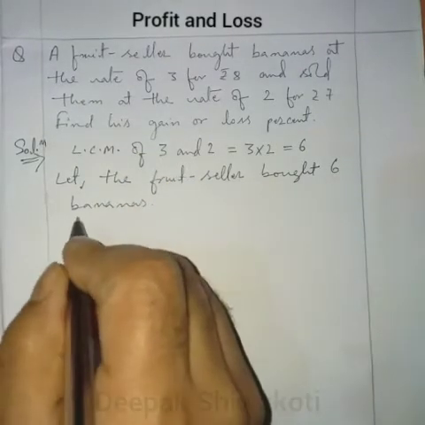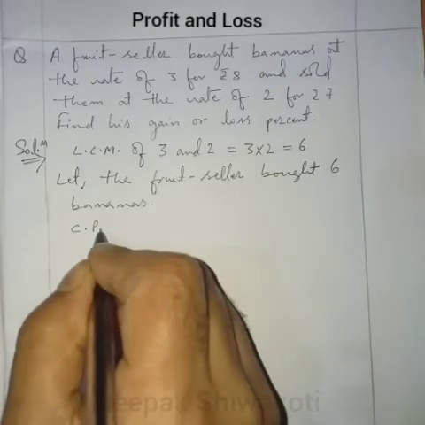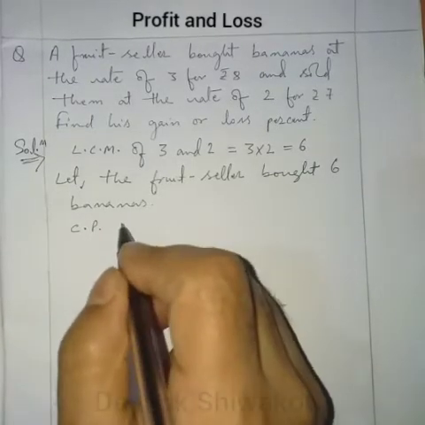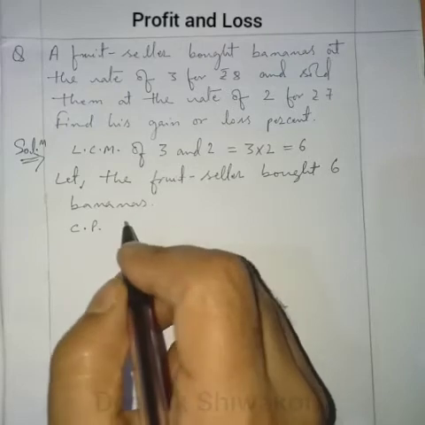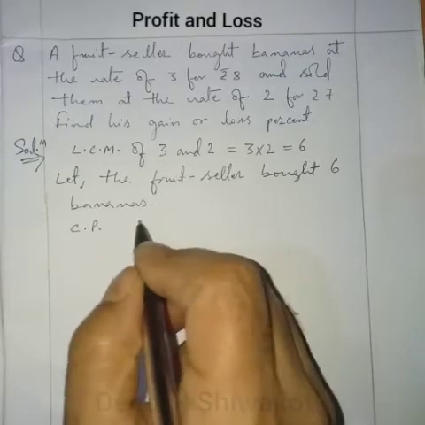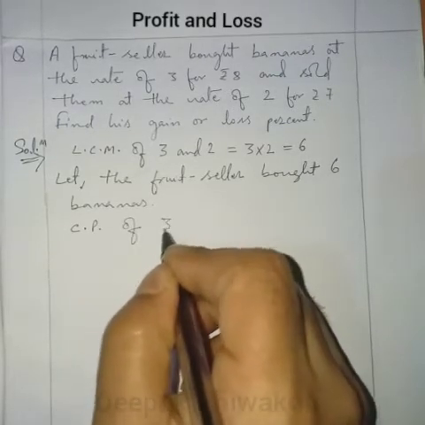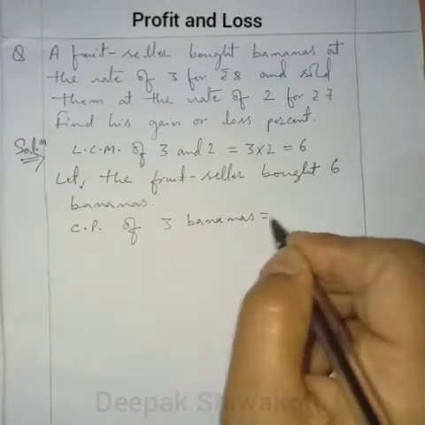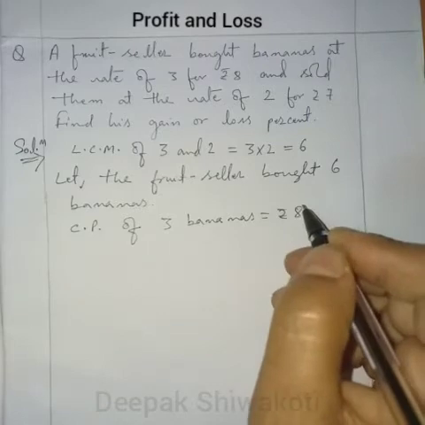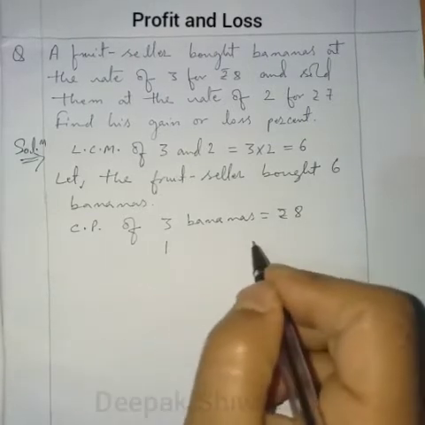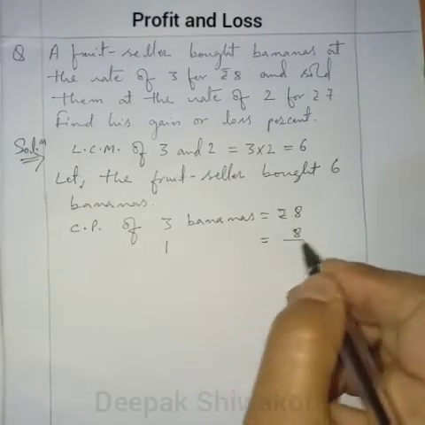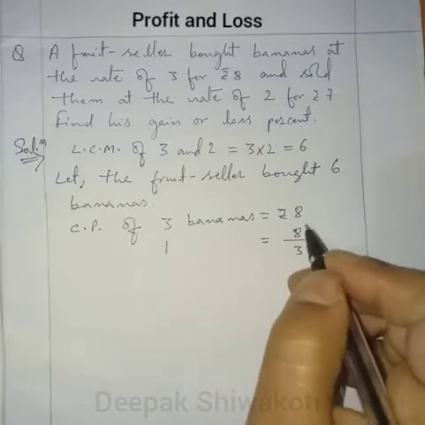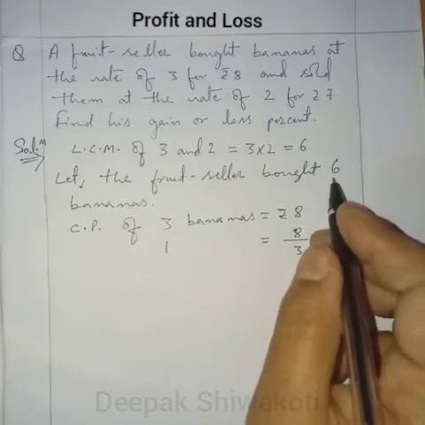So now we are applying the unitary method to find the cost of 1 banana. Cost of 3 bananas is equals to rupees 8. Now cost of 1 banana will be equal to 8 by 3, and what is the cost of 6 bananas?